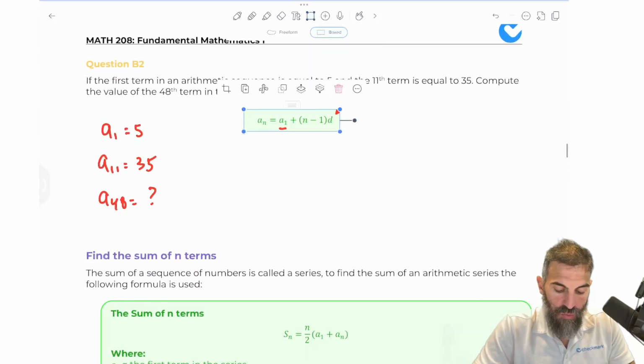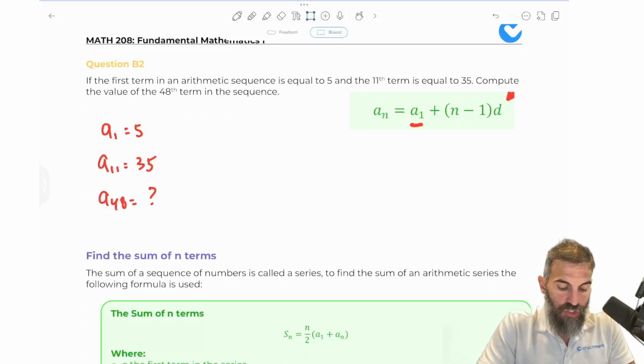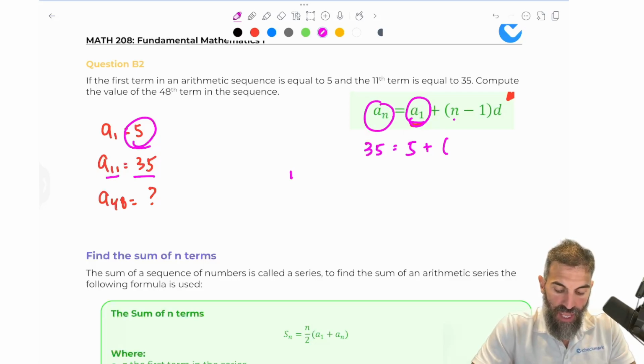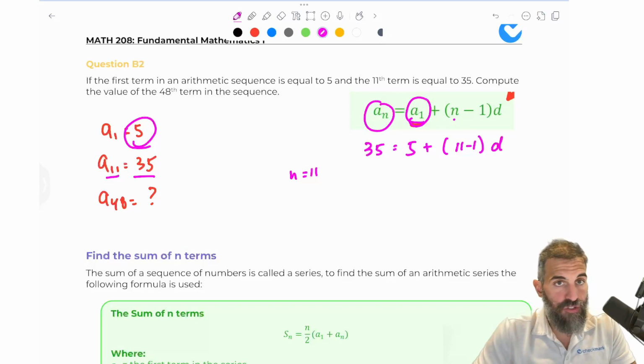So in that case, what you want to do is start with the one that you have, right? So start with this one. So An is A11, because we have it, so 35. We also know the first term is 5, so 5. Since you put A11 as your An, then your n is 11. 11 minus 1, and then you're able to solve for the slope.